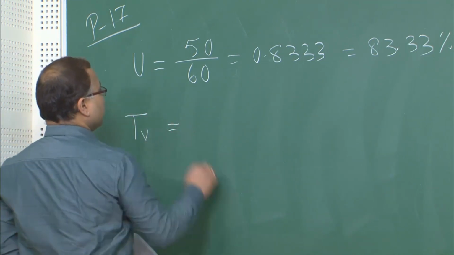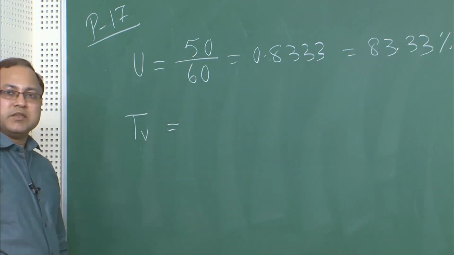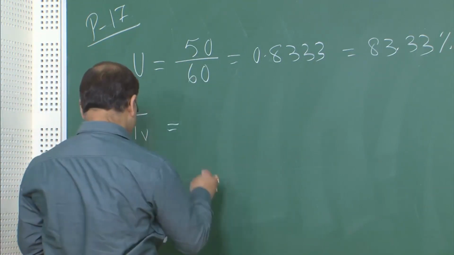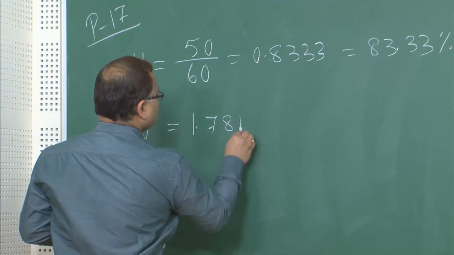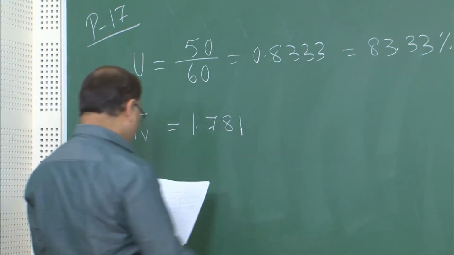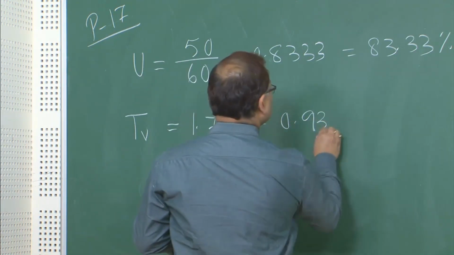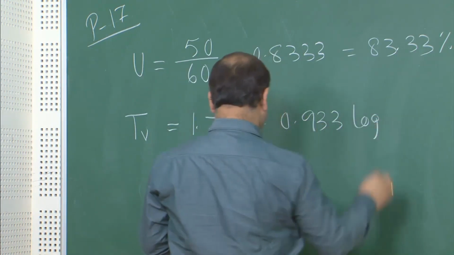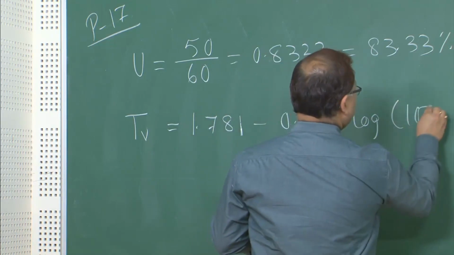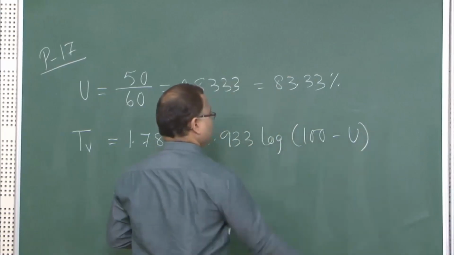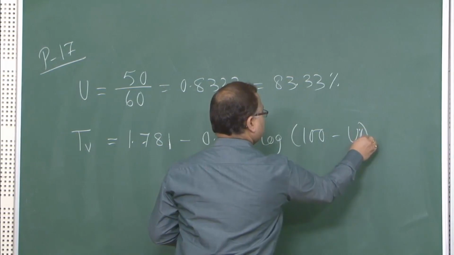How do you calculate TV? Because your U is greater than 60%, which equation will you be using? That you have in the lecture: TV equal to 1.781 minus 0.933 log of 100 minus U in percentage.